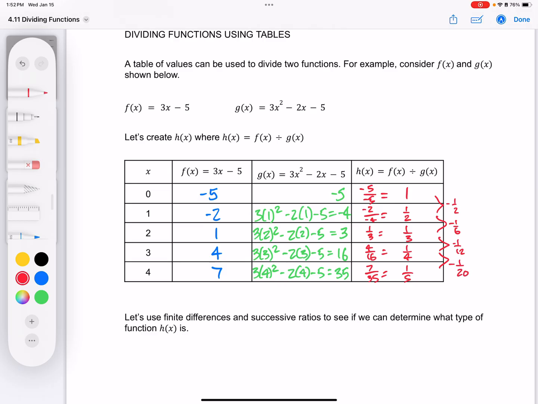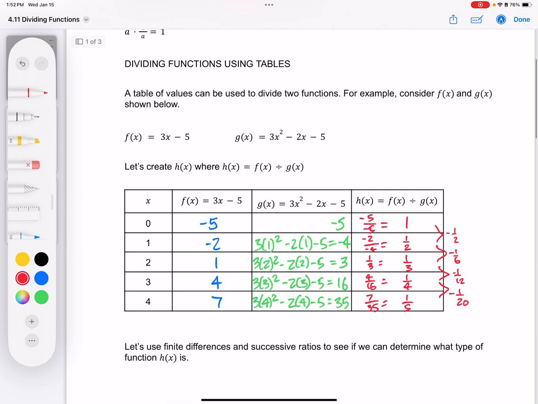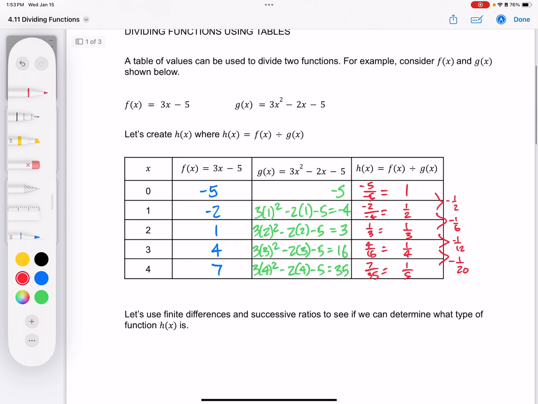Okay, that's not very helpful. So I don't think either of these are going to work, right? Because what I've got is I'm doing f divided by g, and this is just getting to a smaller and smaller fraction, right? Getting these common denominators is very complicated.